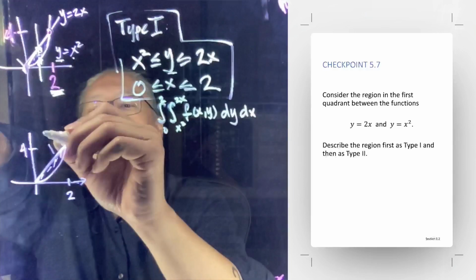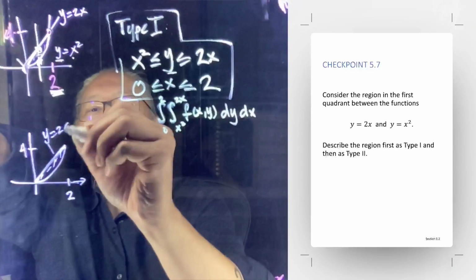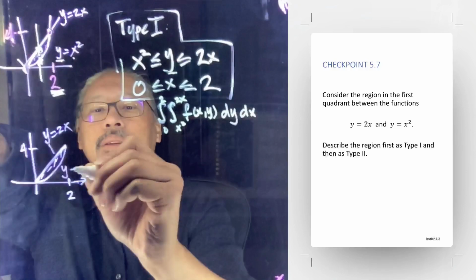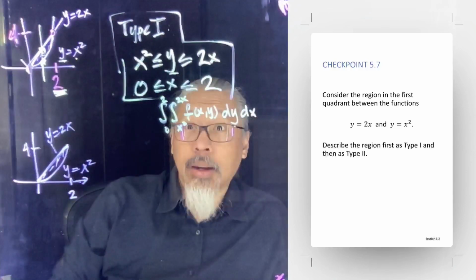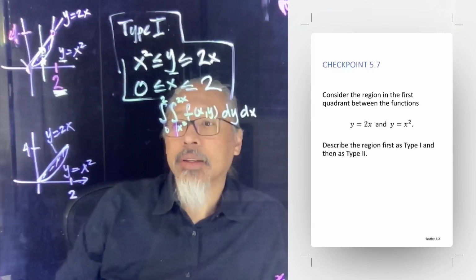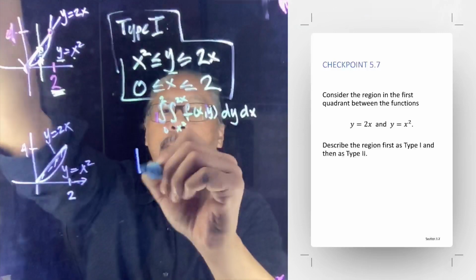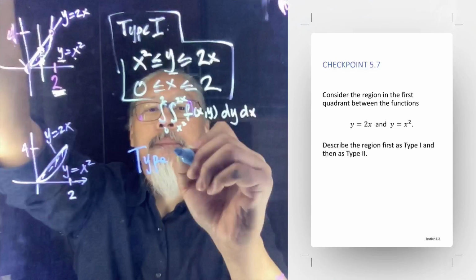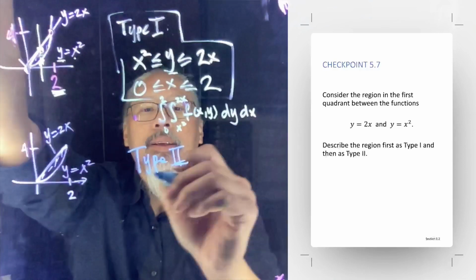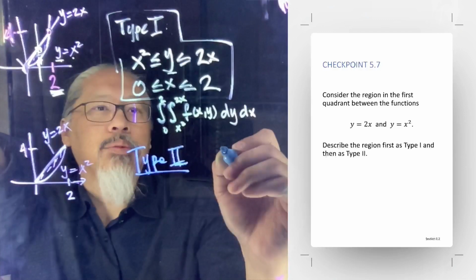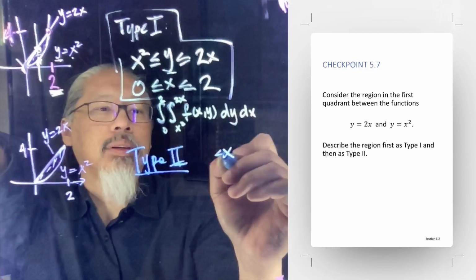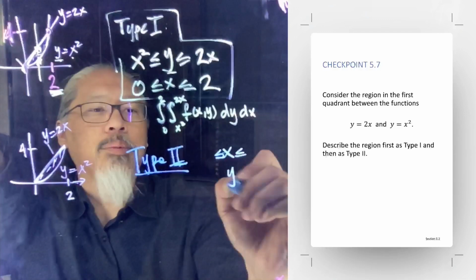And again, this is y is equal to 2x, and y is equal to x squared. All right, now if we're going to treat this as a type 2 region, the type 2 region says that we want to integrate this with respect to x first, and then with respect to y.